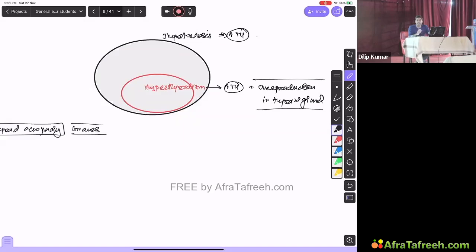Thyrotoxicosis factitia, exogenous thyroid hormone abuse, struma ovarii, or other conditions like thyroiditis causing destruction of the gland and release all come under thyrotoxicosis, but they are not true causes of hyperthyroidism.